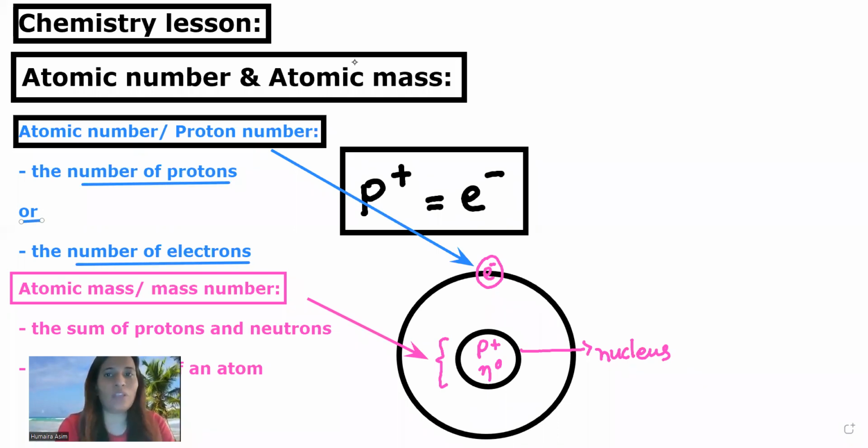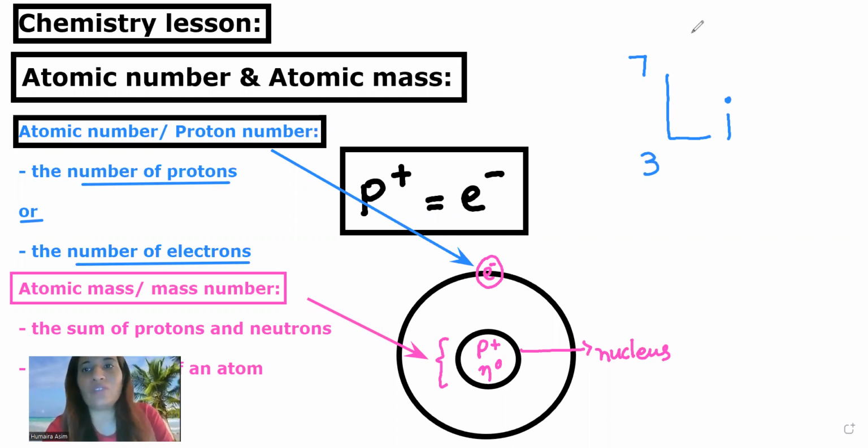Now, how is it mentioned in the periodic table? Let me take the example of lithium. For lithium, what do we have? We have 7 and we have 3. Keeping in mind the bigger number will always be the mass number. The bigger number will always be the mass number. So here I have 7, which is actually what?